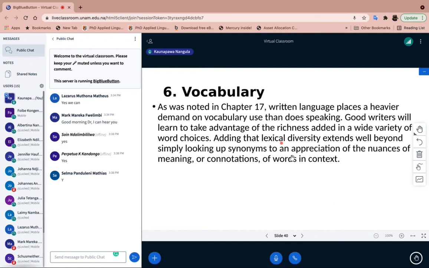And adding to that, lexical diversity extends well beyond simply looking up synonyms to an appreciation of the nuance of meaning and connotation of words in context. I honestly appreciate it when somebody is writing, especially the learners, and they don't use the same word over and over and over. They try and find synonyms. You have to train your learners to do that.